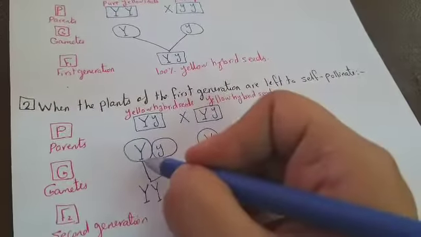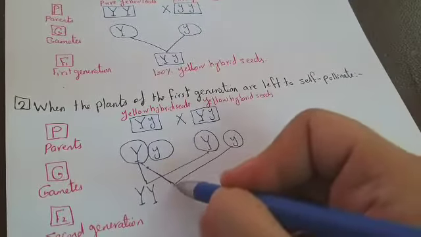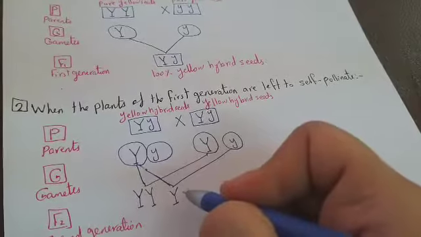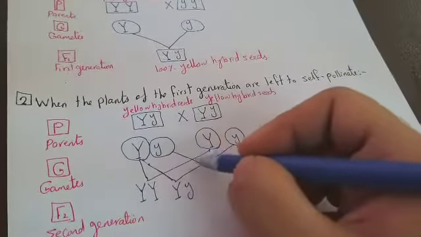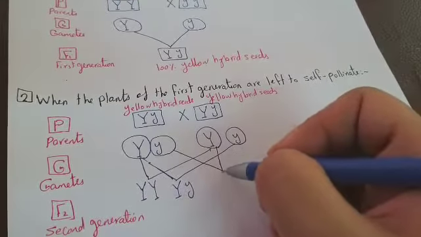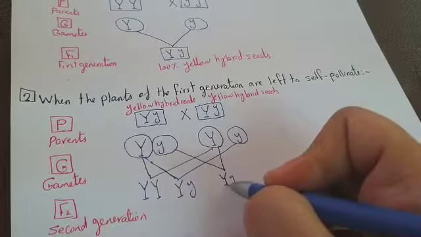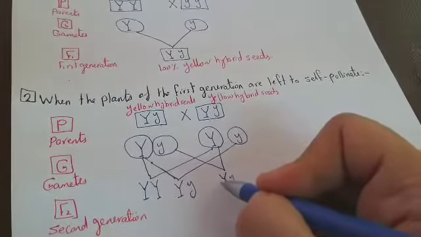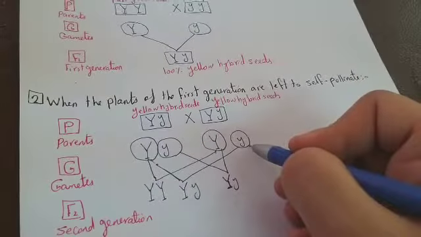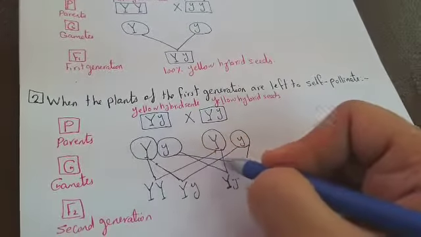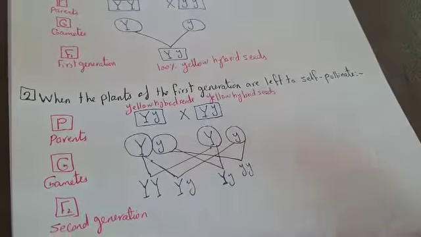Or Y capital with Y small, so this will be Y capital, Y small. Or Y small, Y capital, so this will be Y capital, Y small, and you can write Y small, Y capital, no problem. And the last one we have here, Y small and Y small.